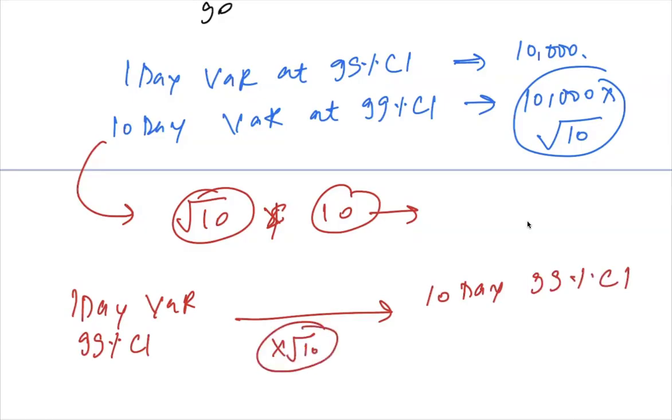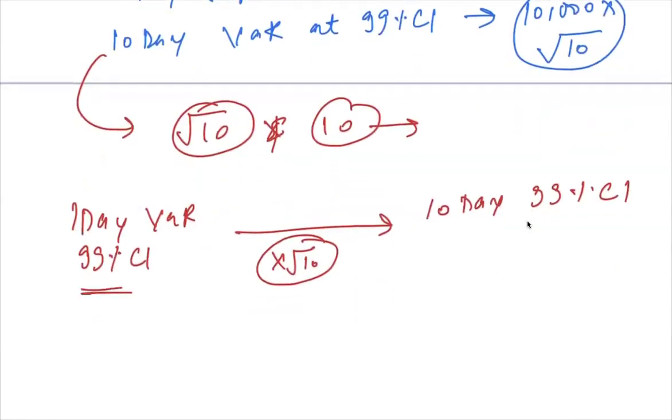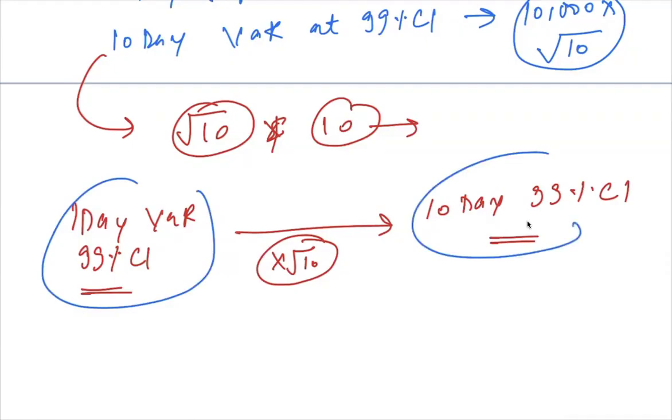Do this exercise: calculate this value, calculate this value separately, and you will realize that the difference between these two is nothing but the square root. If you multiply this value with square root of 10, that's where you'll get this value.